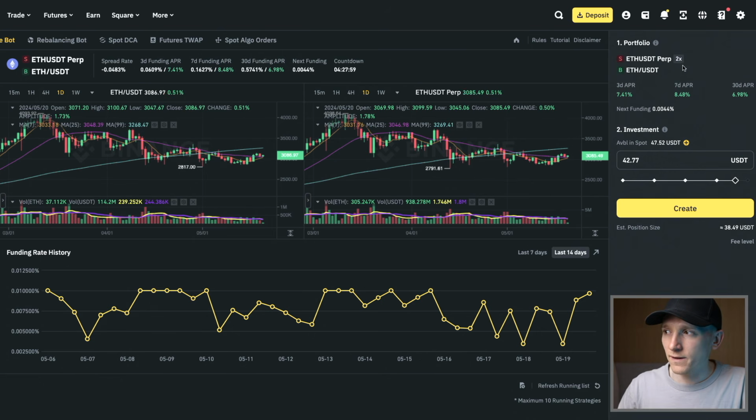The only thing with 2x leverage is that potentially if the price does rise very high, very quick, you could potentially get a liquidation there. That's not like the end of the world. It just means that if the short side was liquidated, you would then just have the long position there and you'd be long the asset and then you'd have a risk position. But with the spot side going up in price, then you should not have too many issues.